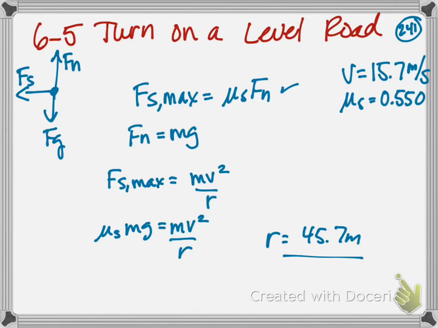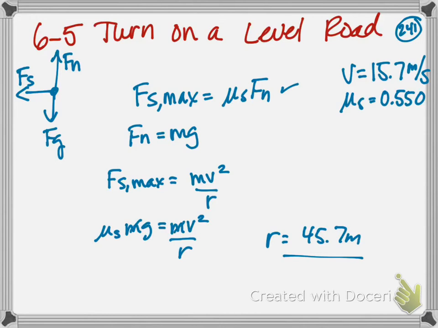Now, when you're exiting the freeway or going around any circular path and you see that speed limit, it'll suggest that you take this off ramp at a speed which is much lower than your highway speeds. You'll notice that it doesn't say, oh, little cars go at this speed, but bigger cars, you have to go slower, or bigger cars, you can go faster. And as you might not be surprised at this point, the mass does cancel out of this.